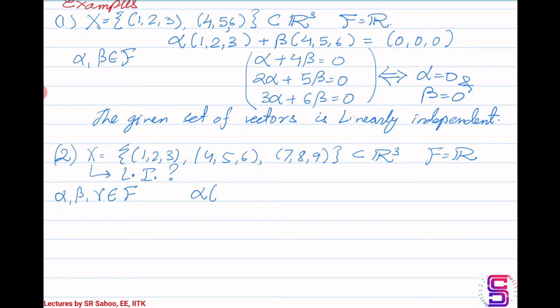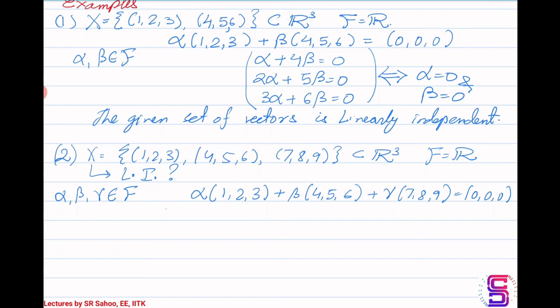So I have alpha (1, 2, 3) plus beta (4, 5, 6) plus gamma (7, 8, 9) equal to 0. Now, what are the solutions of alpha, beta, gamma so that the sum of these corresponding scaled versions will turn out to be 0?